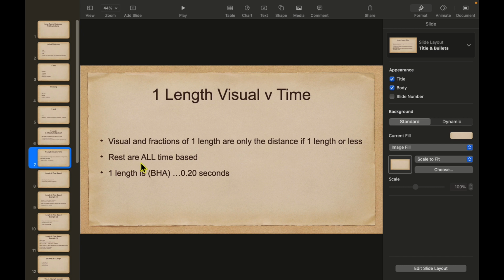So it's the winner's time, and then your horse, if you back the second and it's 3 lengths behind, the time of the horse. And the BHA work it out at 0.2 seconds. So if your horse gets beaten by 0.6 seconds, that's classed as 3 lengths. If it gets beaten by 0.4 seconds, it's 2 lengths. 0.2 seconds, well, that'll be a visual length, supposedly.